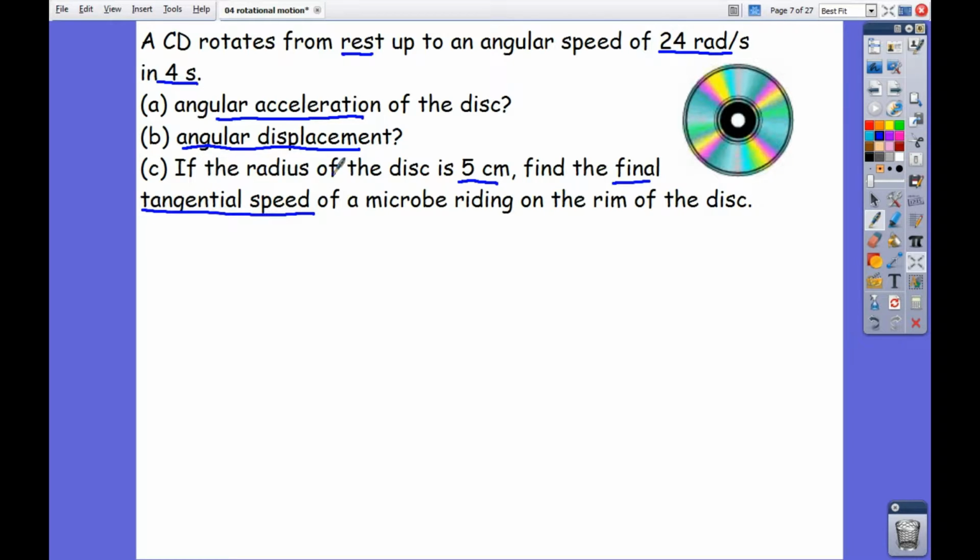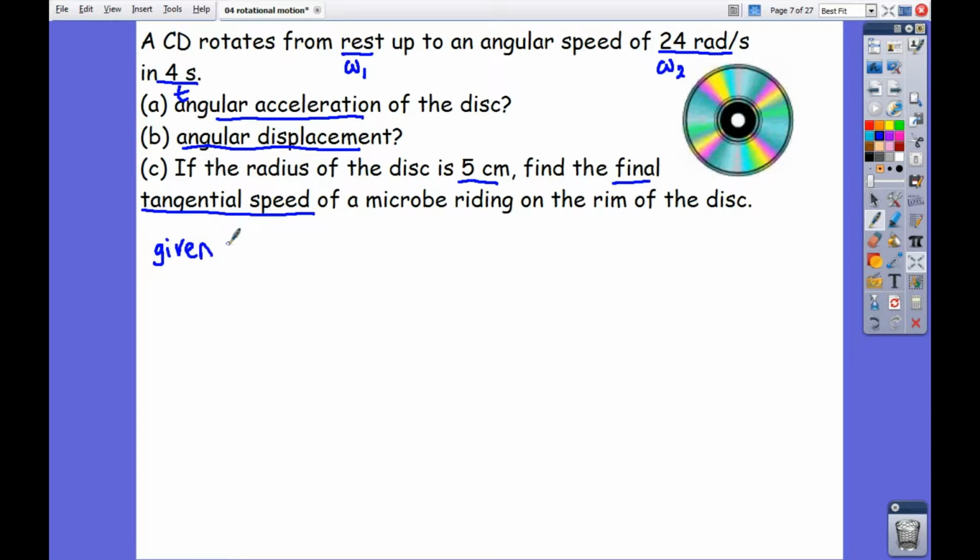So here, there are several variables given in the question. We know that the object is at rest. That means omega 1 is actually 0, and then omega 2 is 24 radian per second, and the time elapsed is 4 seconds.